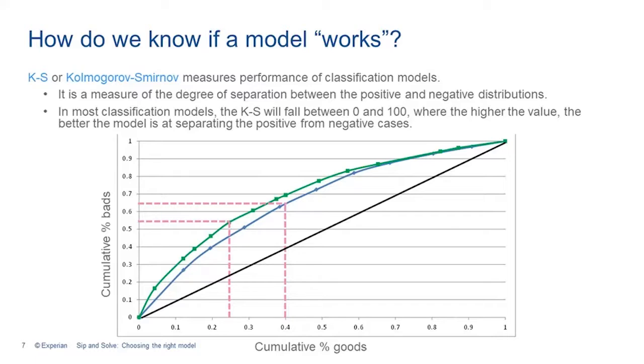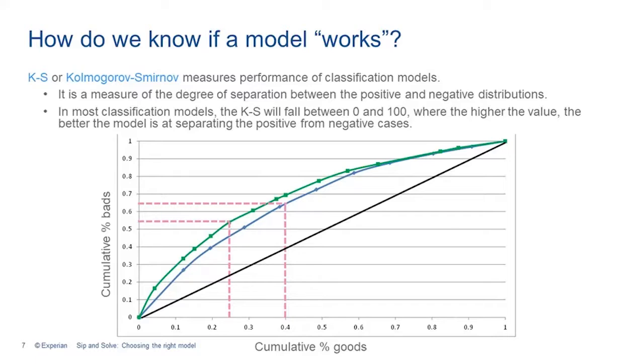Now, when you model, what you're trying to do is predict the goods versus the bads and separate them out. And those curved lines, the blue versus green, are examples of predictive models that would get you better than random. And this KS measure measures the distance between that random line and the curves that are modeled.